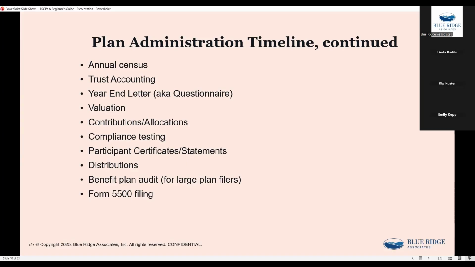So there are two sets of basic eligibility requirements for the plan. You've got your initial eligibility for an employee to become a participant in the plan, but then there's also eligibility requirements for a participant to receive a contribution each year.